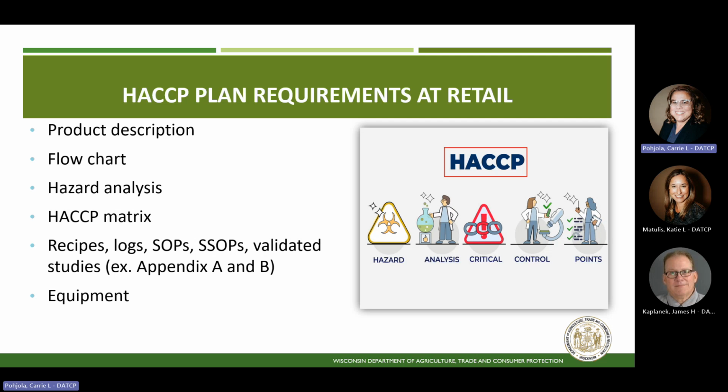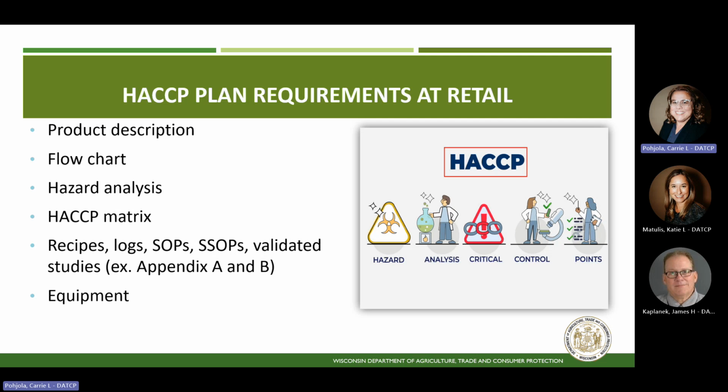So what should be in the HACCP plan? What do you want to include in that plan? For a food establishment that is required to have a HACCP plan, the plan and specification shall have the following: a product description, which is going to include what it is, packaging, storage, and how it will be sold.